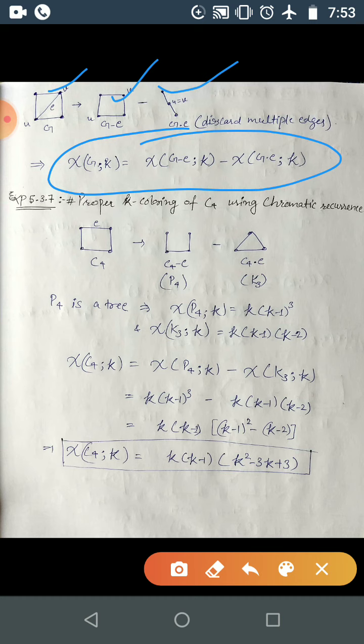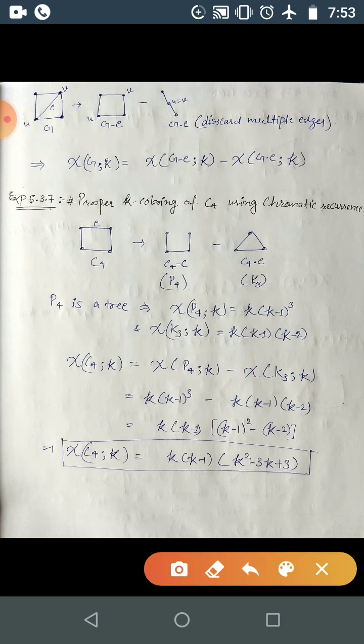Then the chromatic polynomial of G equals the chromatic polynomial of G minus E minus the chromatic polynomial of G dot E, where G minus E is G with E excluded and G dot E is G contracted E.